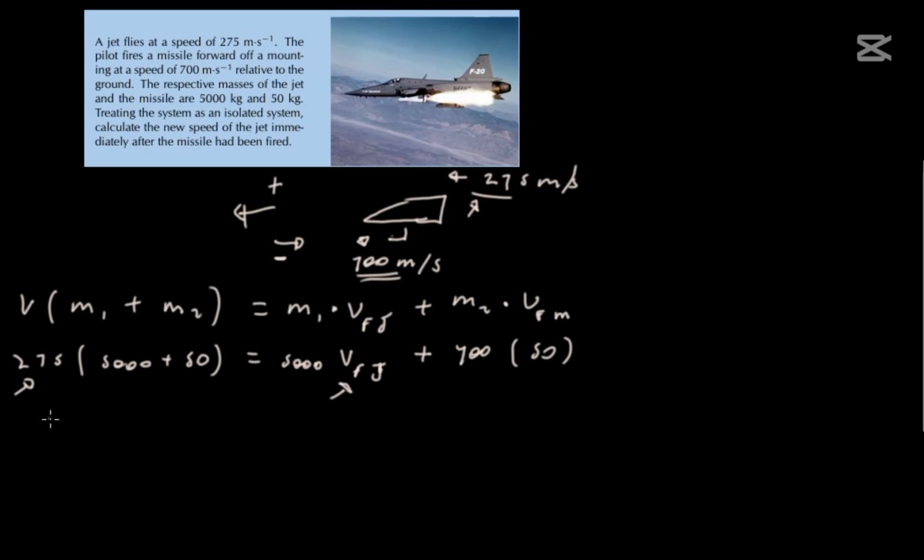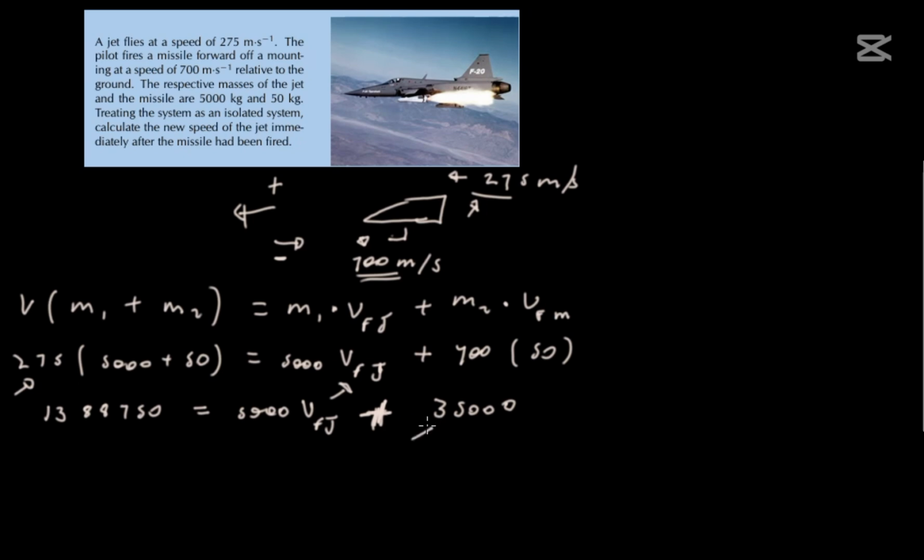Now looking at this part, it's going to give you 1,387,750 equals 5,000 VFJ plus 700 multiplied by 50, you are going to get about 35,000.